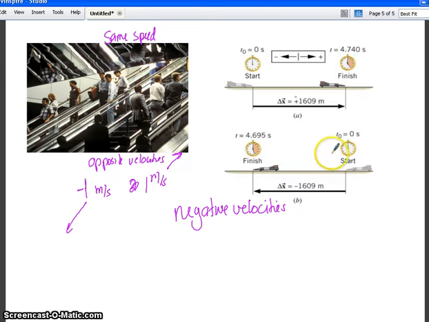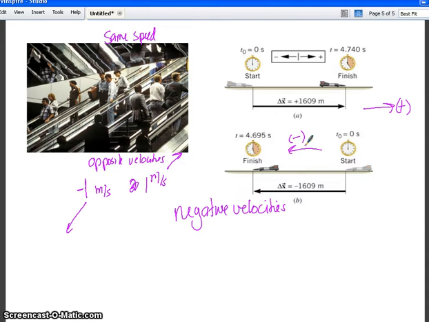If we call to the right positive, then if it's going the opposite direction, it could have the same exact velocity but it's going to be negative. So that's about 400 meters per second going in this direction, positive. This way it's negative 400 meters per second because it has the opposite velocity.